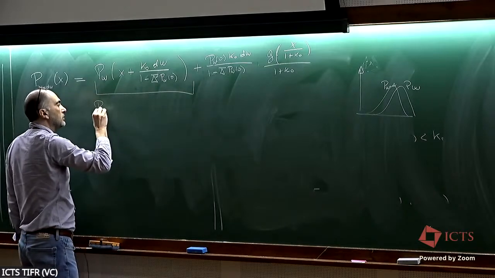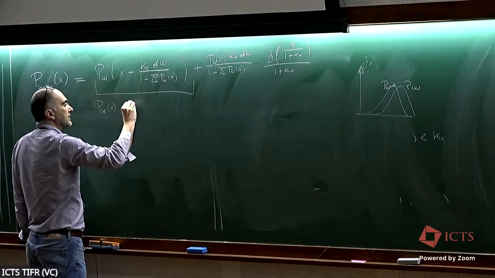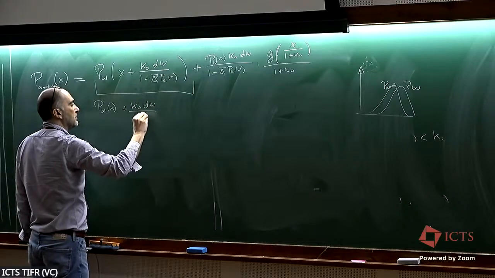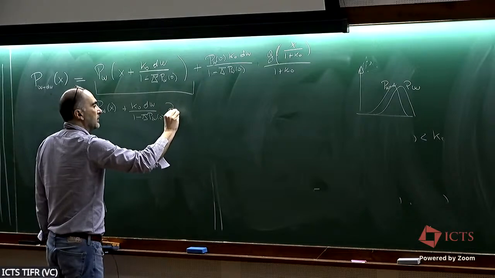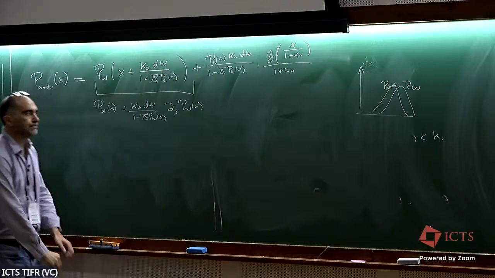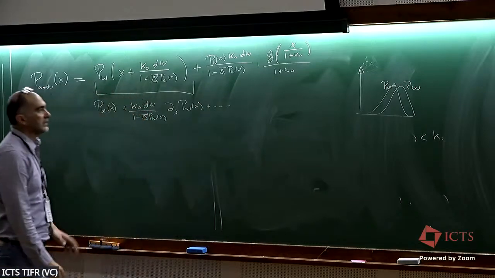It will give you PW of X plus K0 d delta W, 1 minus delta bar PW0, derivative with respect to X of PWX. Then you can continue up to the other orders, but this is enough.